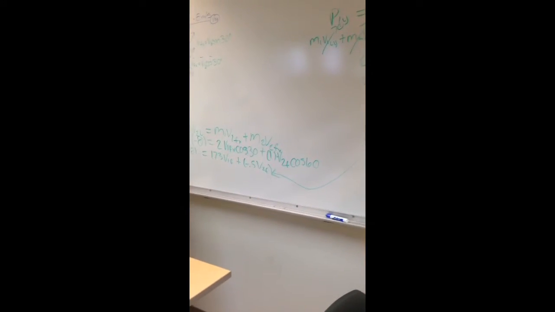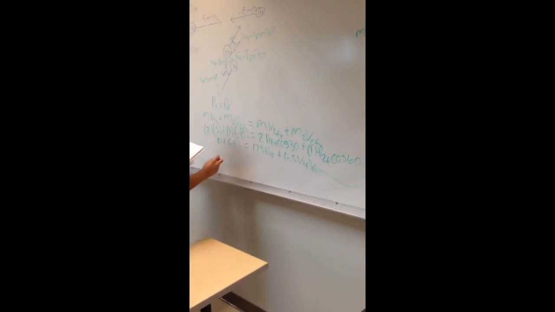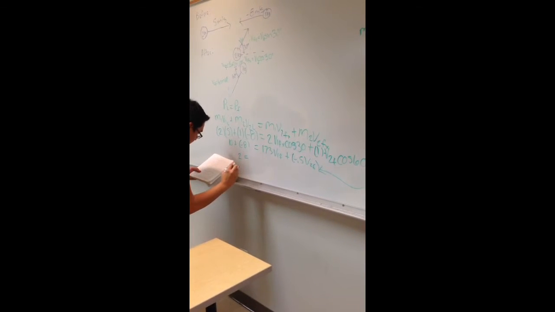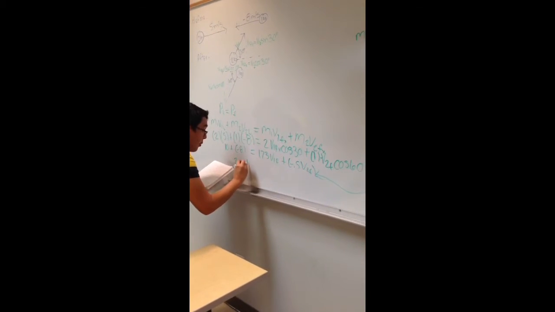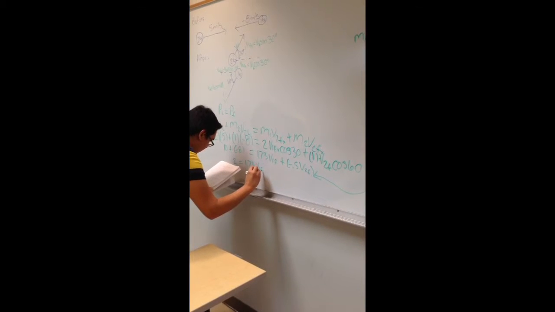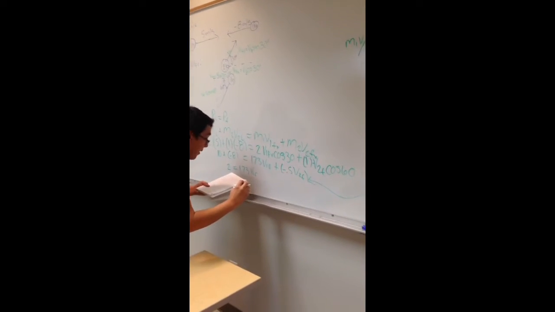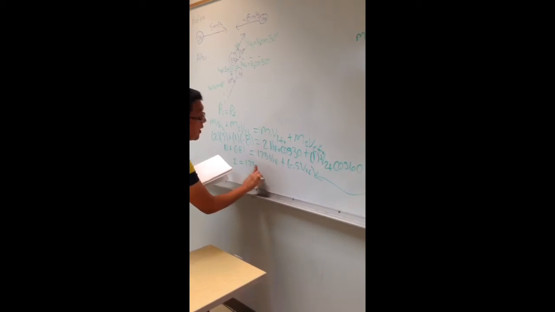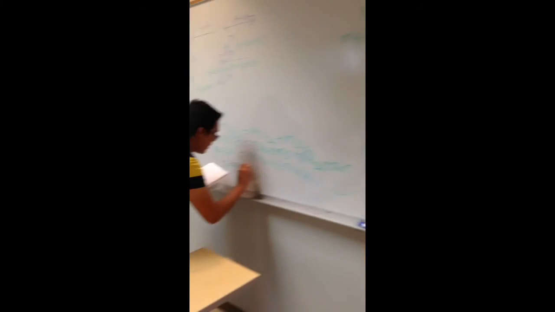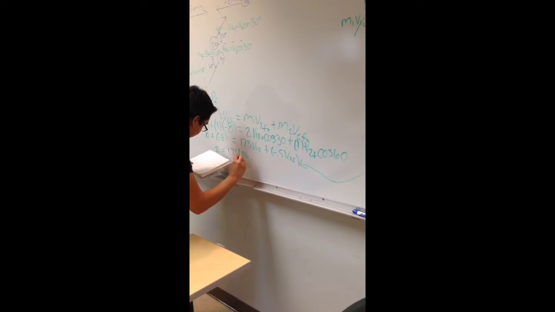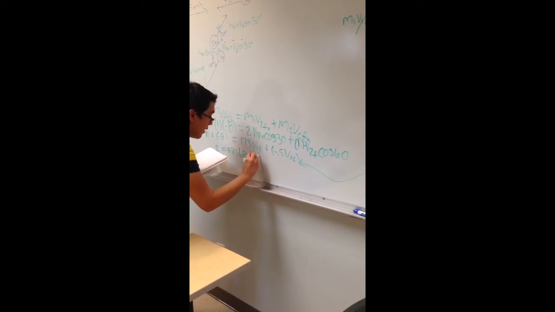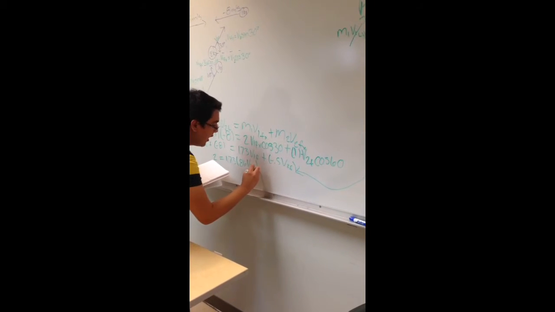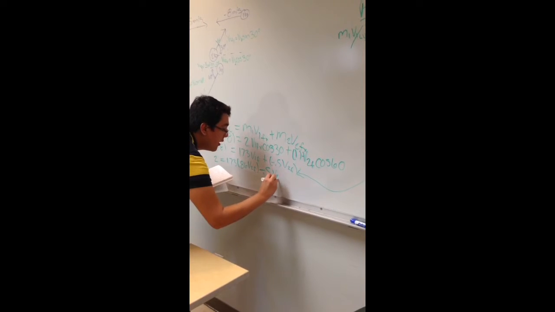Now that we have this, we can bring it back over to the x equation and plug it in. So right here we have 2 equals 1.73 V1F, and V1F is 0.86 V2F, minus 0.5 V2F.